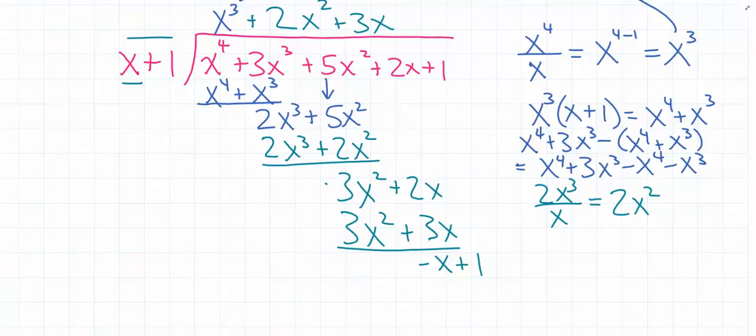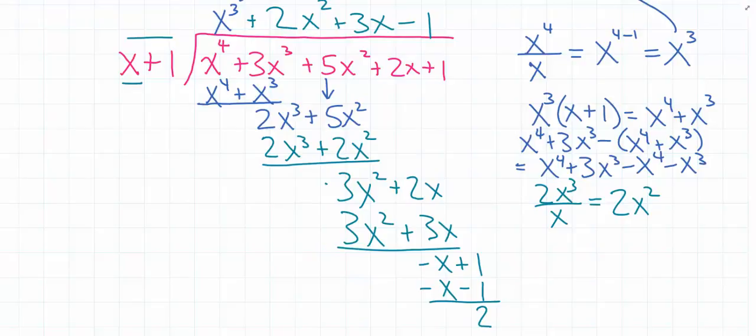X will go into negative x, negative 1 times. And now I multiply, so I get negative x minus 1. Change signs and add, and I get a 2 here.